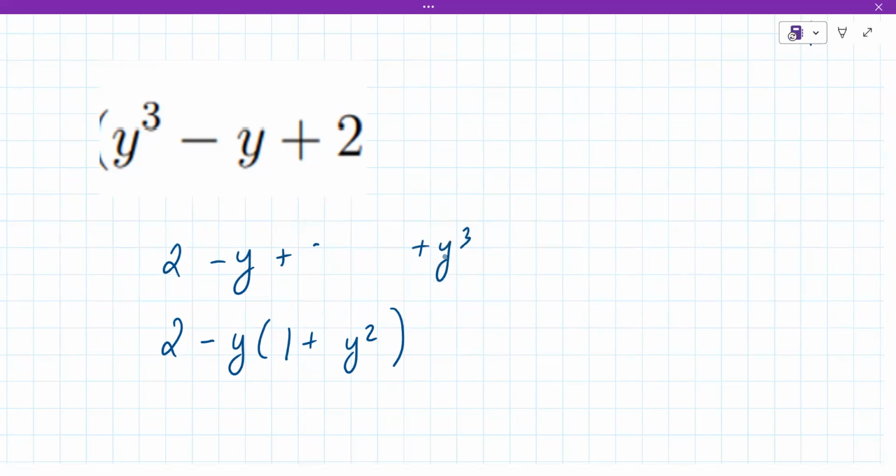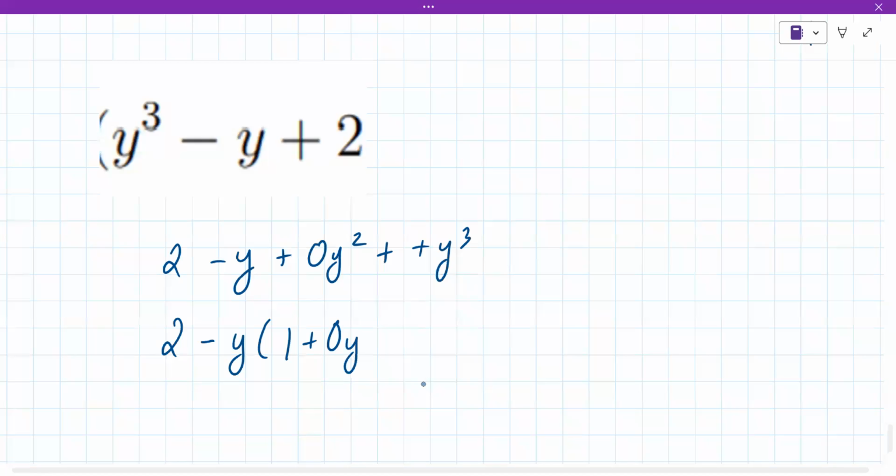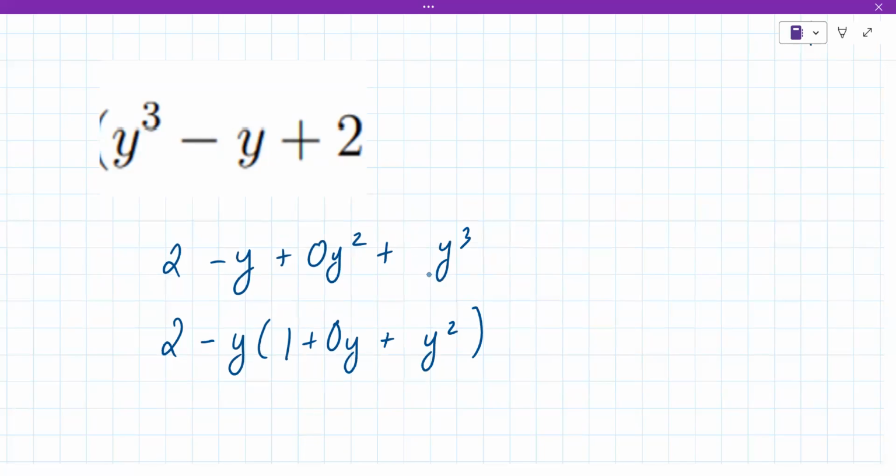So let's go plus 0y squared, 0y like this, plus y squared. And then we have 2 minus y, 1 plus y times 0 plus y, like that.